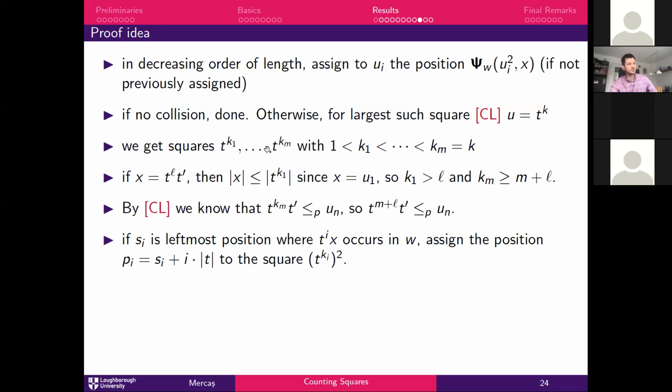So you have these positions going from 1 to m, and you're going to mark all of the positions t_i of x. And that's because you know that the longest one will have enough squares in it, namely m plus L, where m is the number of squares in the collisions, and L is going to be the index, or the power, in terms of this primitive word of the prefix that you're considering.